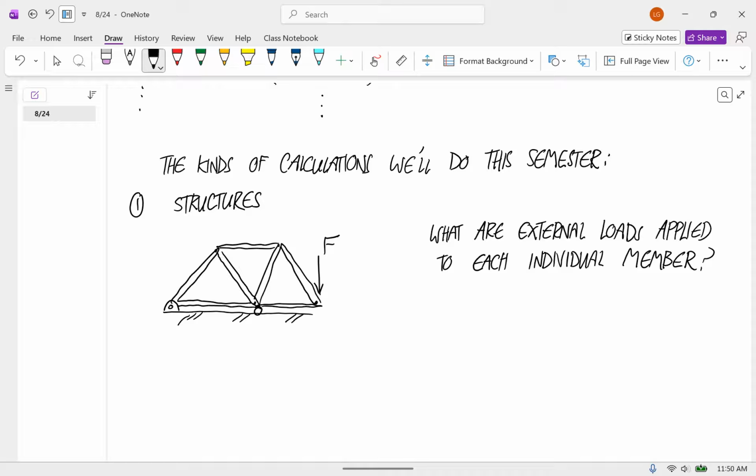With minor changes, you can turn it into a linkage or turn it into a structure that's statically indeterminate, and those are beyond what we'll do in this class. This structures idea is useful in a lot of applications.